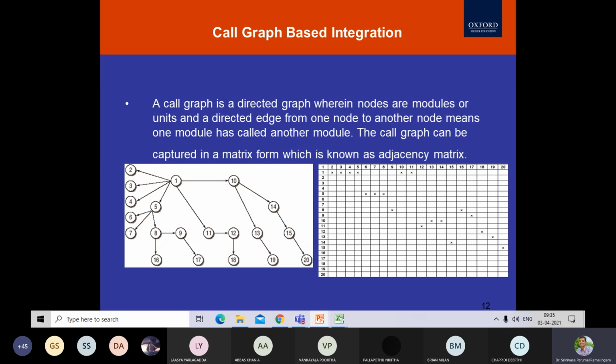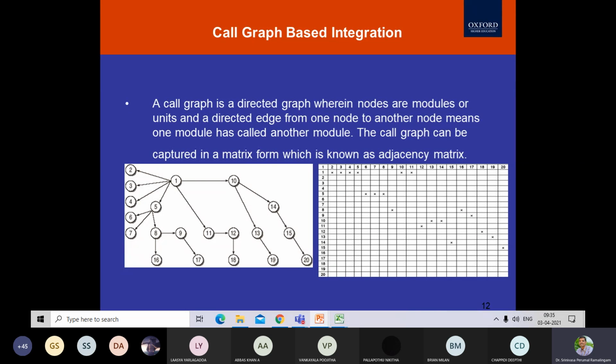Not directly, but indirectly, module 7 will be a part of module 1. Will that 7 be a part of module 10? No, sir. No relation between 7 and 10. So there is a relation between 7 and 1, but there is no relation between 7 and 10.